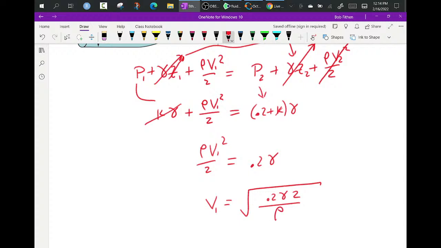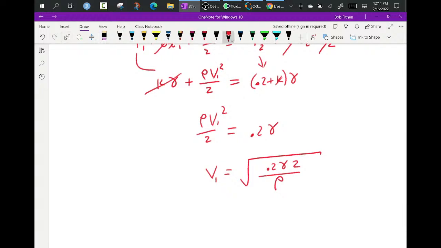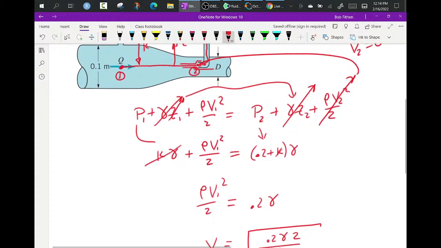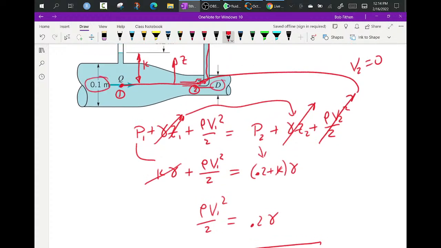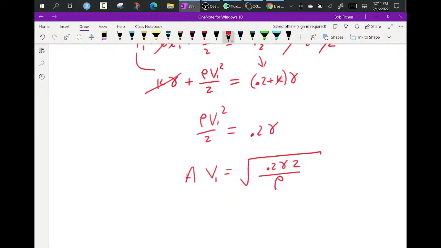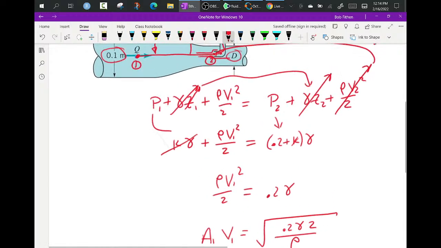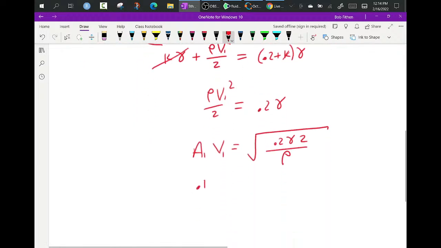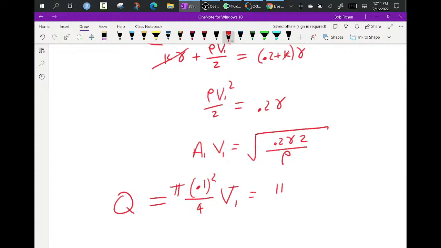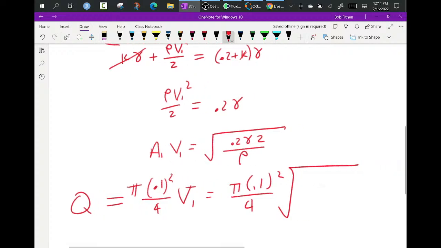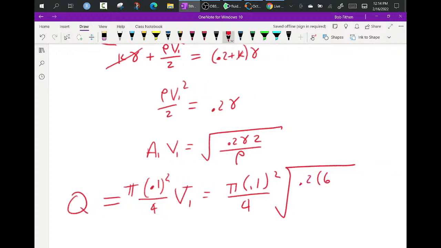Now, the only way that this is a function, okay, it's not a function of d. Okay, so if you do A1, you get 0.1, that's the diameter there, 0.1 squared over 4 times pi times V1 is equal to Q, which is equal to pi 0.1 squared over 4 times the square root of 0.2 times 62.4, so that's gamma, and 2 over 1.94.